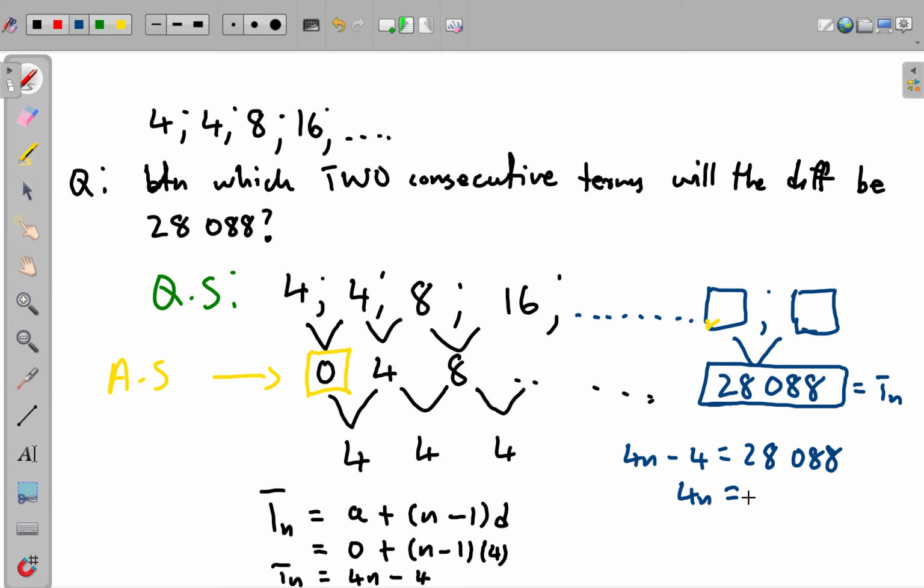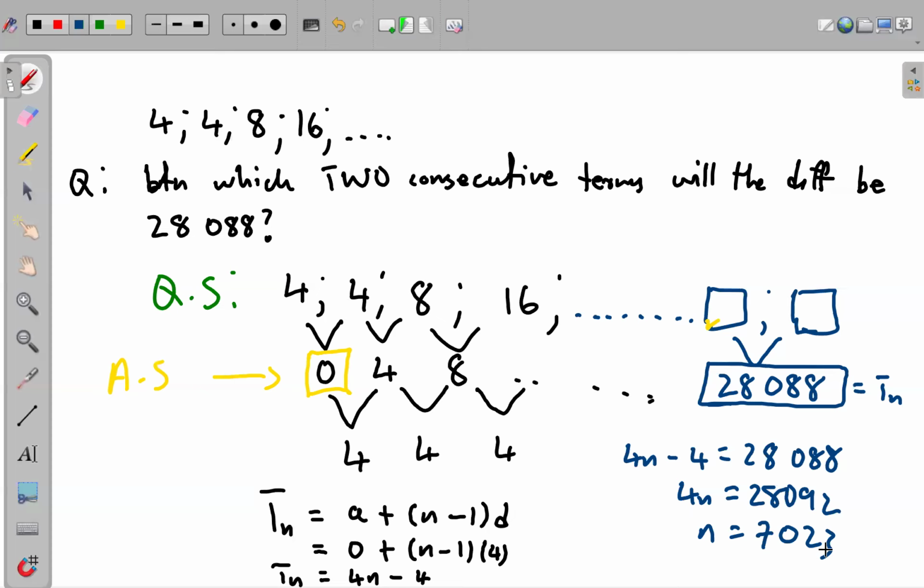So this is that. And I'm going to divide this by 4. Then n is 7,023. You see, it was really going to take you forever, okay? So that's why you needed to use the arithmetics.